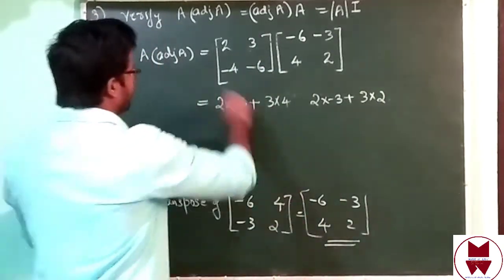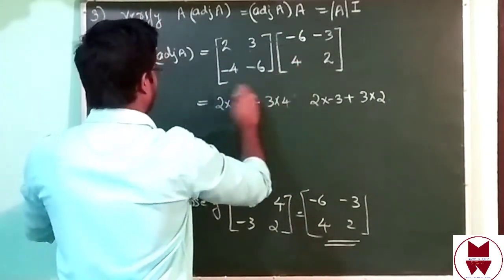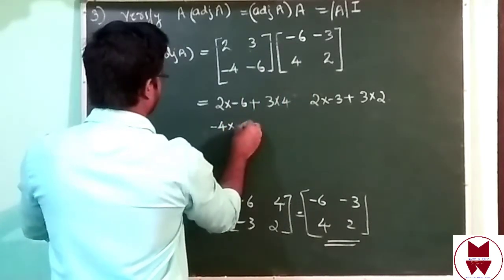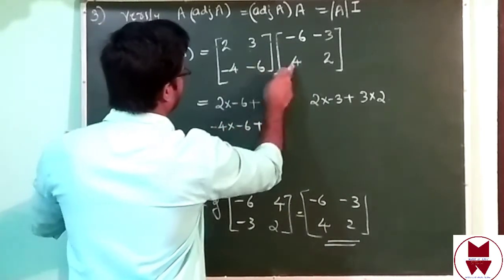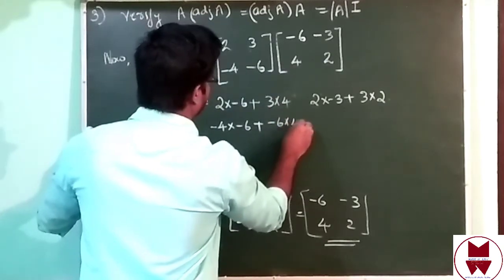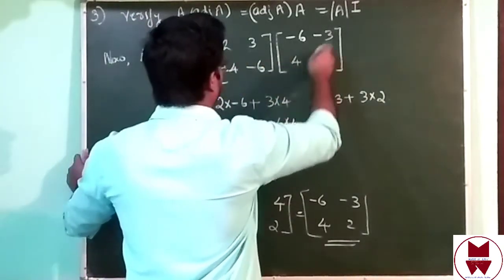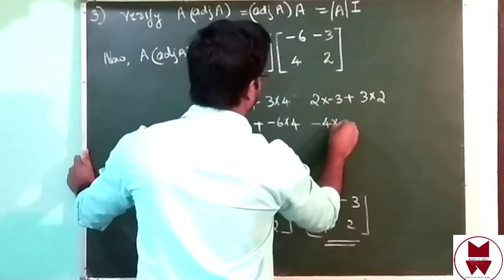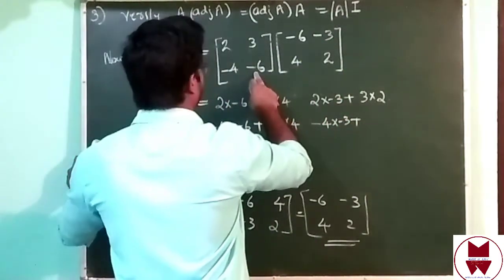Then second row and first column: minus 4 into minus 6 plus minus 6 into 4. Then second row, second column: minus 4 into minus 3 plus minus 6 into 2.